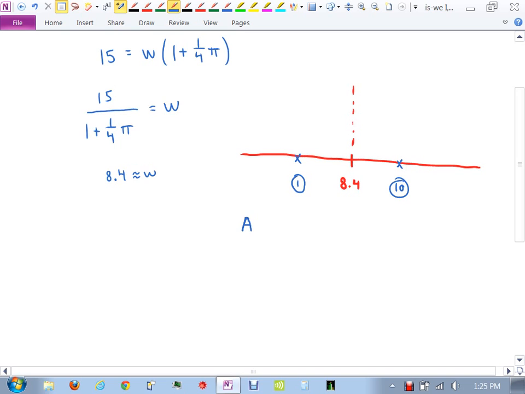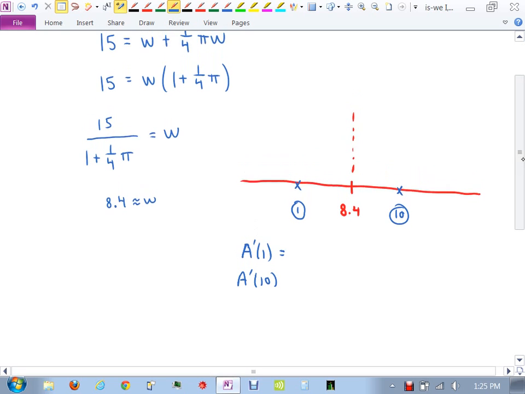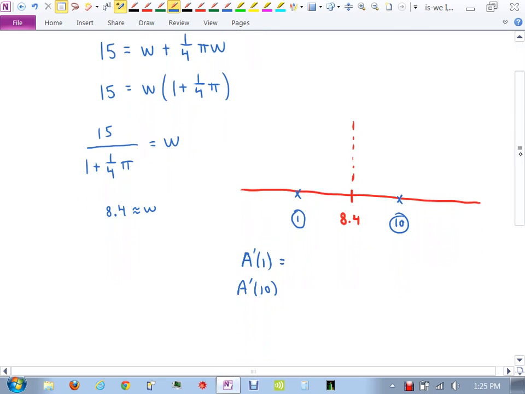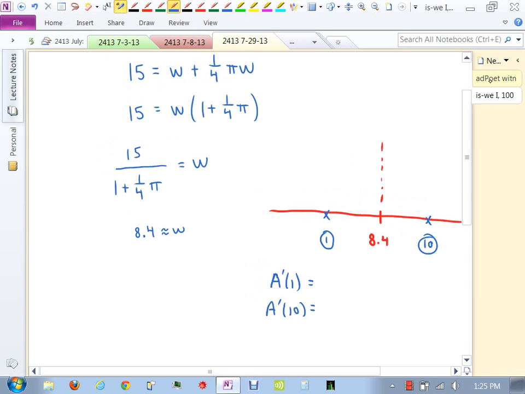What's A prime of 1? What's A prime of 10? So I go back to my derivative, which isn't even on this page. What would you get if you plugged 1 in, and what would you get if you plugged in 10?